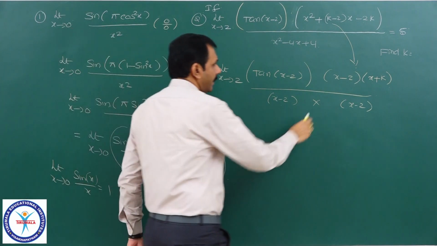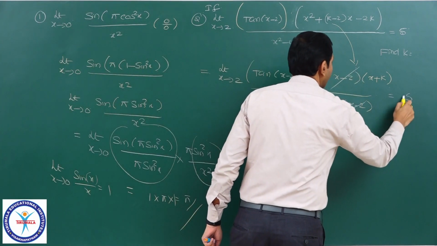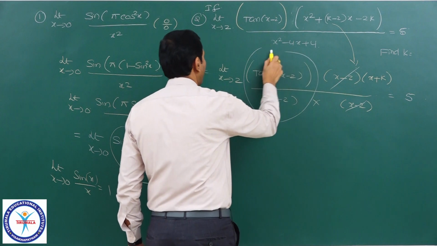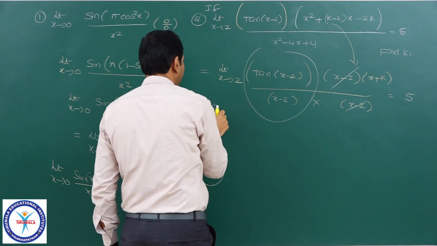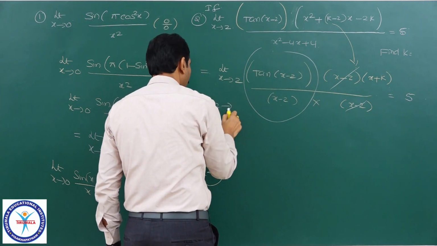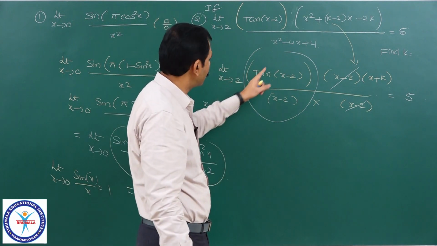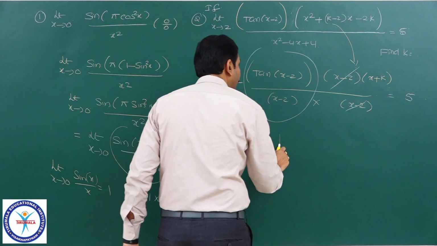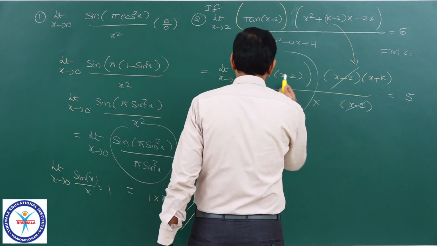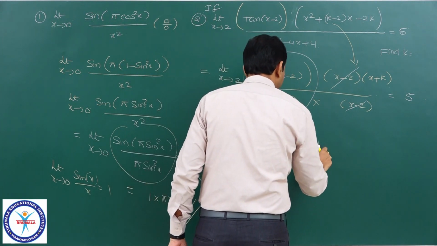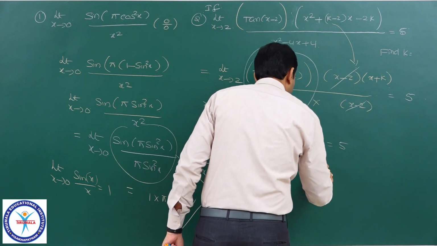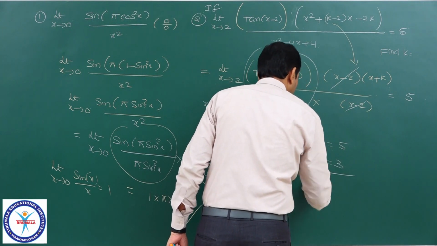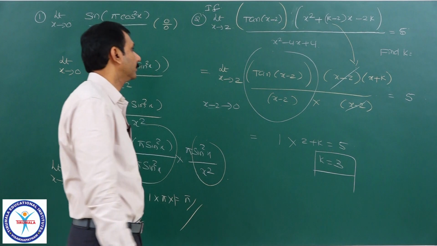Now x minus 2 and x minus 2 cancel, and as x tends to 2, x minus 2 tends to 0 only. Now as theta tends to 0, tan theta by theta is equal to 1, into x plus k, which as x tends to 2 is 2 plus k, equal to 5, therefore k is equal to 3 will be the value.